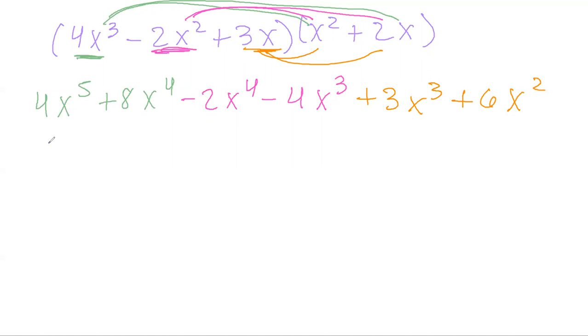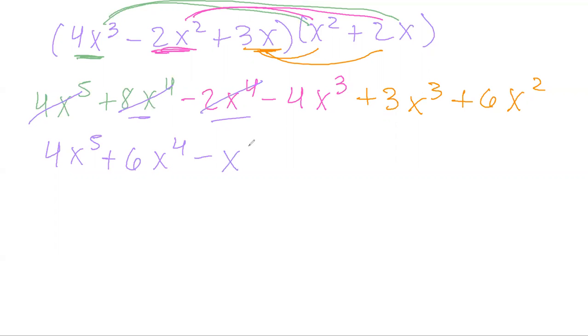Combining like terms, so 4x to the 5th just kind of sticks around. 8x to the 4th minus 2x to the 4th, I get plus 6x to the 4th. Negative 4x cubed plus 3x cubed, so that's negative 4 plus 3.